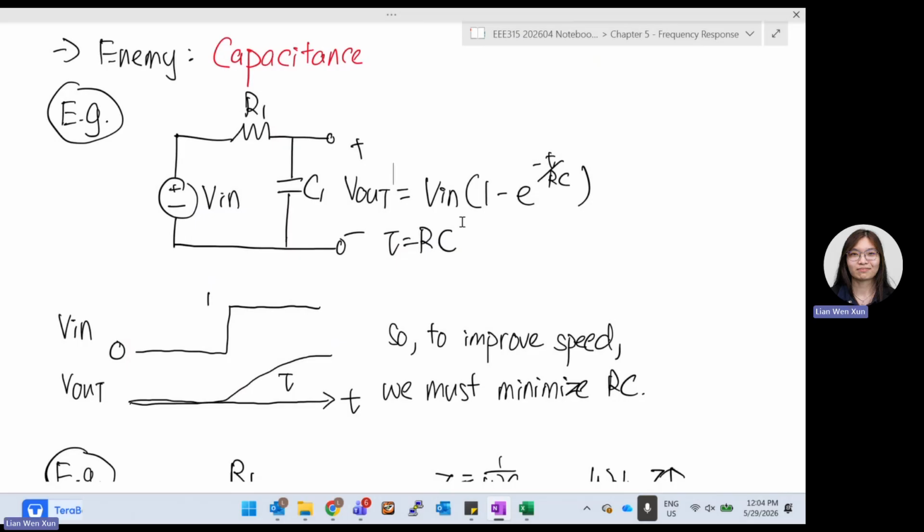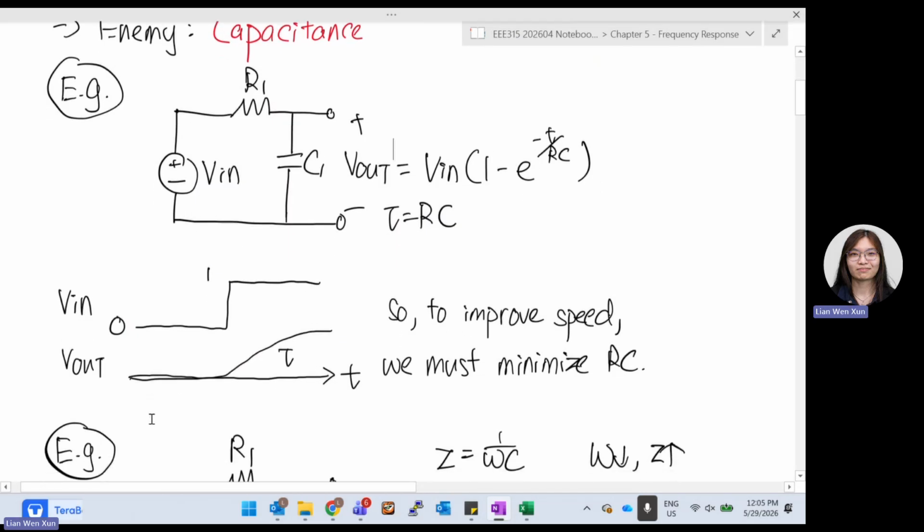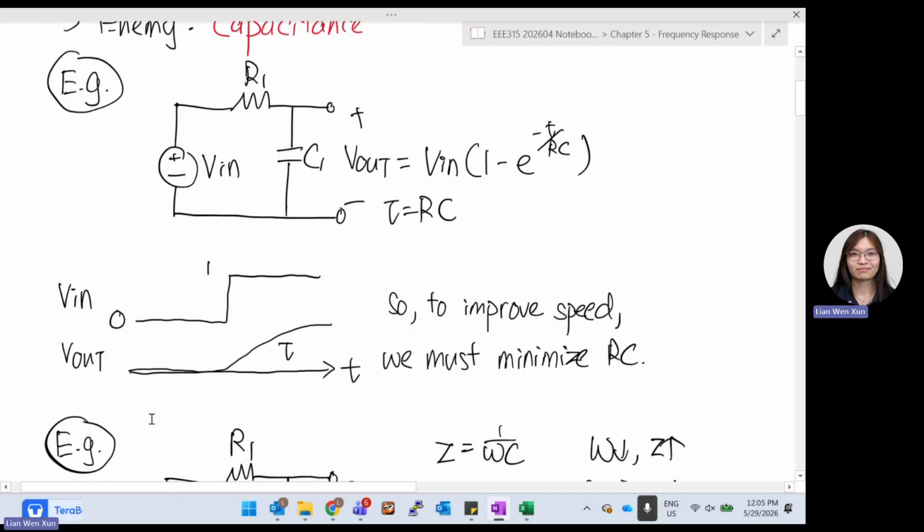Ideally we want Vout equal to Vin, meaning Vin times 1 directly. But now it is reduced by this exponential term, so it goes up slowly. When Vin steps from 0 to 1 directly, your Vout needs to slowly pump up, and only then can it reach the full Vin.